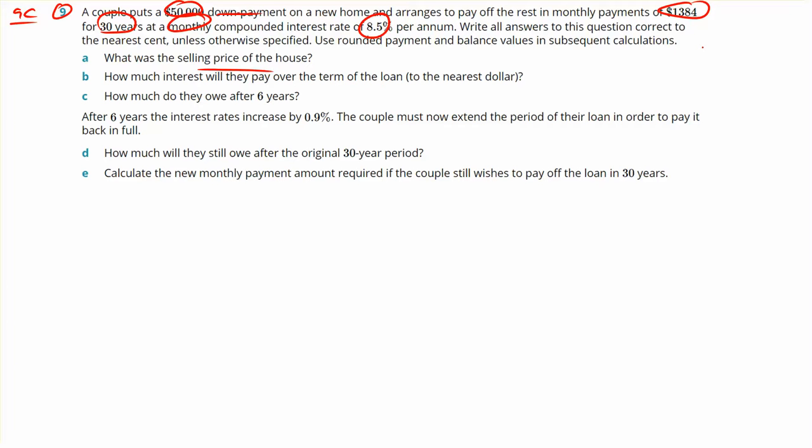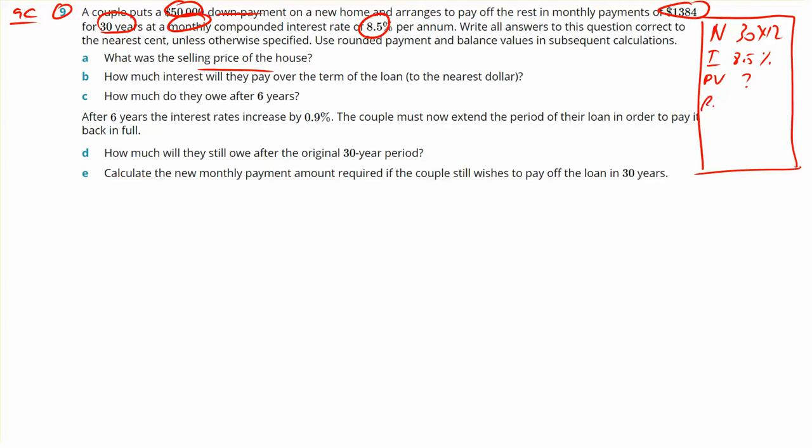Okay, so what we're going to set up is a financial solve. We know that the loan lasts for 30 years, so 30 times 12. My interest rate is 8.5%. My principal value, we don't know, because we don't know how much we paid for the house.